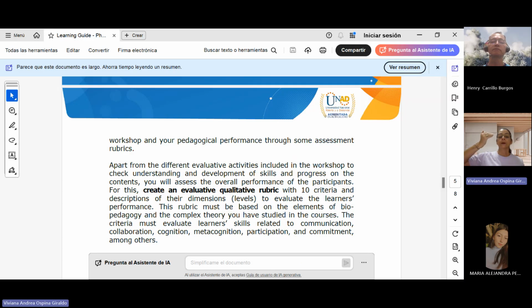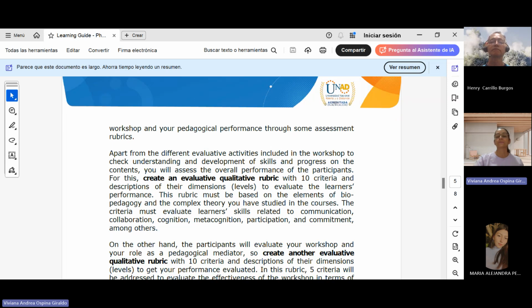In the last course, biopedagogy, you learned about complex theory, and you also learned about the elements of biopedagogy. So we are going to link that knowledge and put it into play in this evaluative activity.